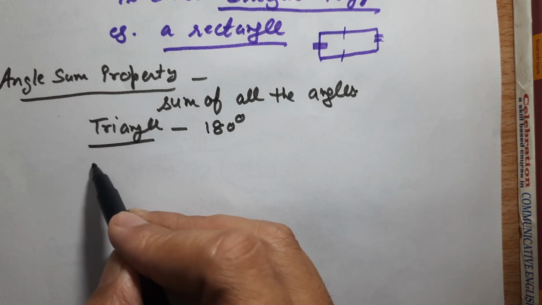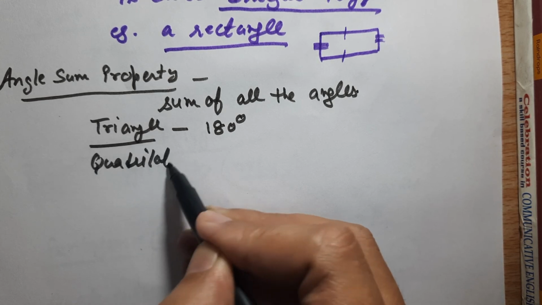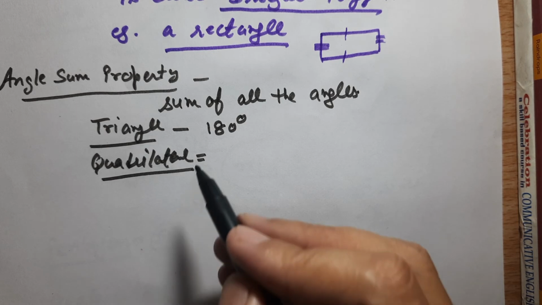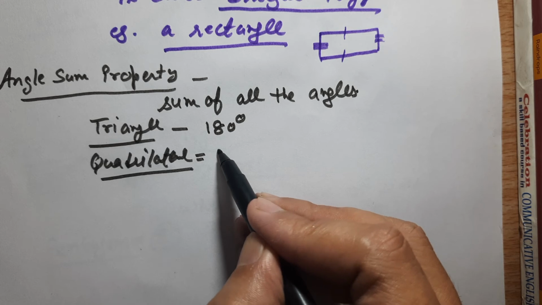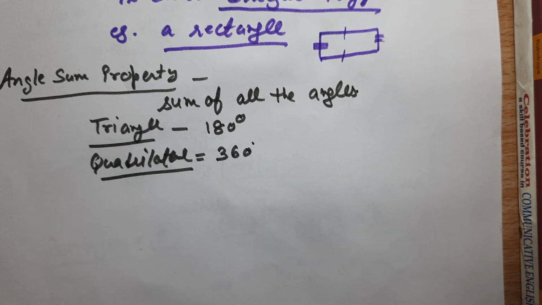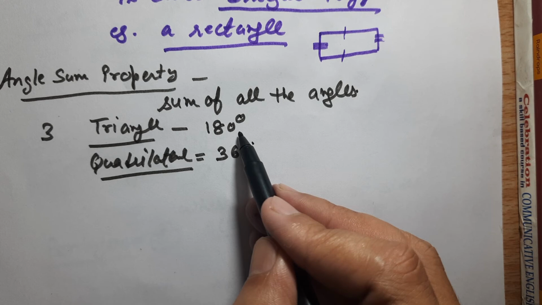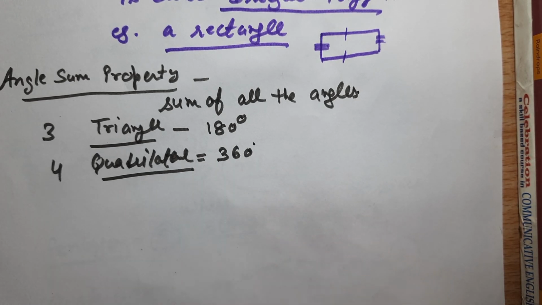For any quadrilateral, the sum of all the angles of a quadrilateral, that means having 4 sides, is equal to 360 degrees. So a polygon having 3 sides has angle sum 180 degrees, having 4 sides is 360 degrees.